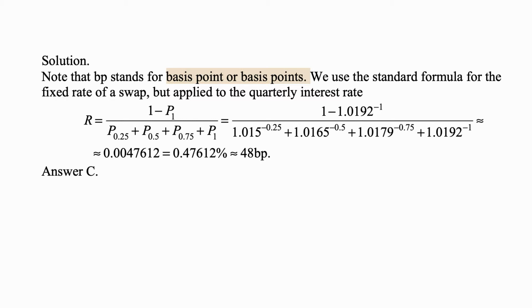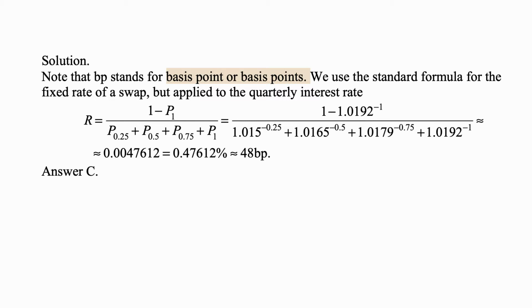So the spot rates are well over 1%. In fact, all of them are over 1.5%. So how in the world would the fixed rate be so small? It's not. It's a quarterly rate.